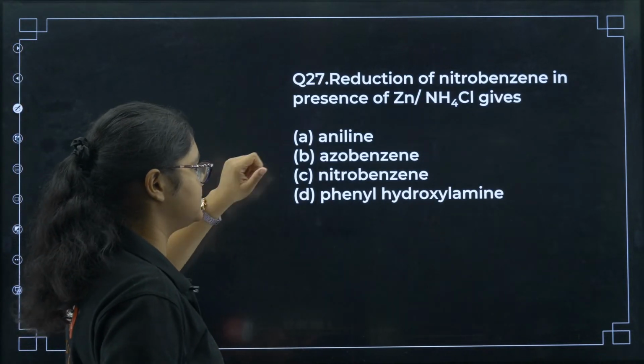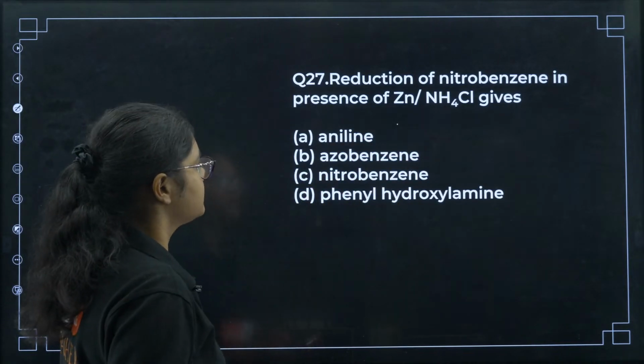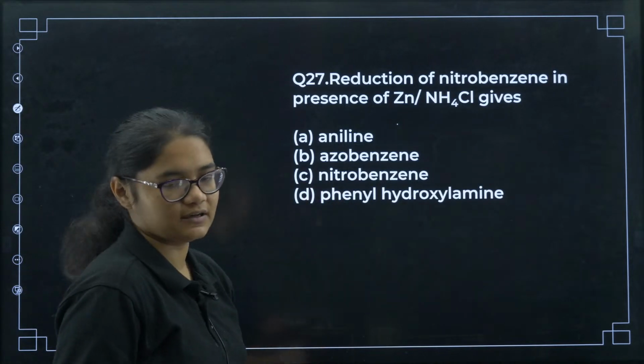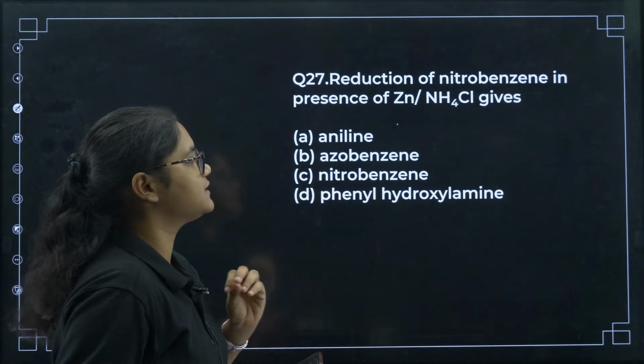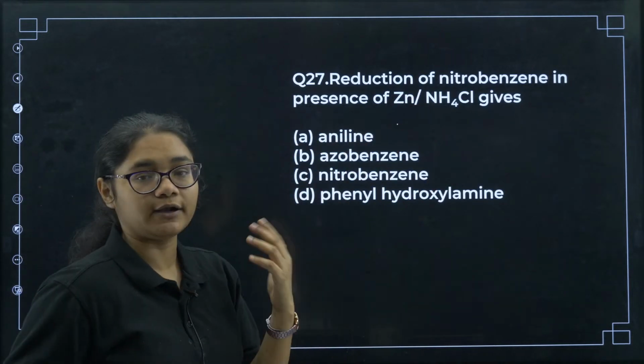Reduction of nitrobenzene in presence of zinc and ammonium chloride gives you what? Aniline, azobenzene, nitrobenzene, phenylhydroxylamine. Very common sense question. You have just nitrobenzene, and Zn is a very good reducing agent.